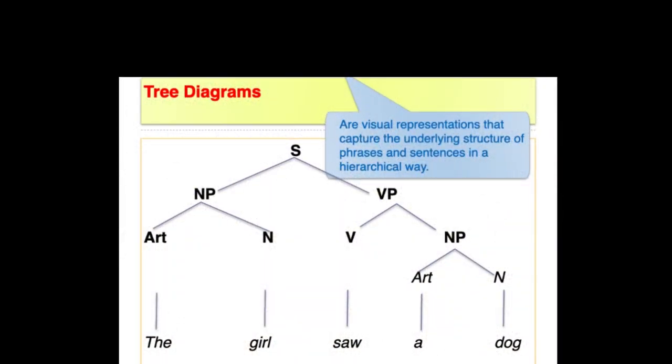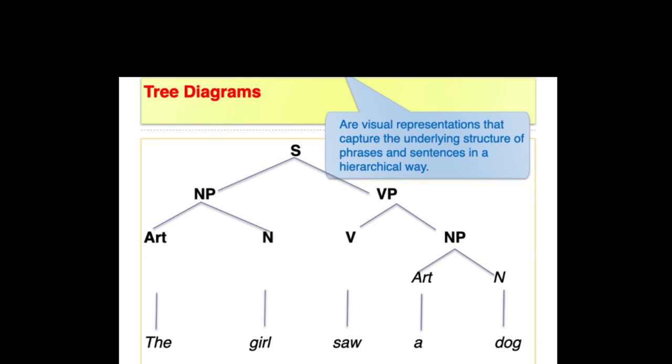Let's have a look at this example. This is a tree, a hierarchical tree. Tree diagrams can be defined as visual representations that capture the underlying structure of phrases and sentences in a hierarchical way, okay? In this way, we can know which elements constitute which elements.